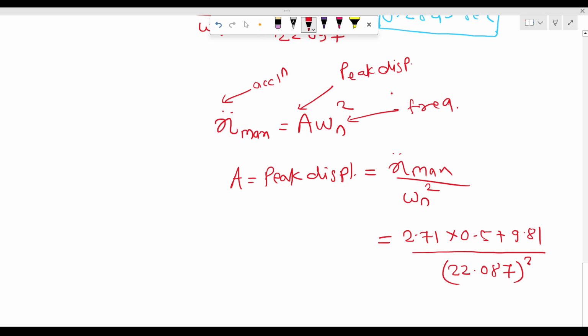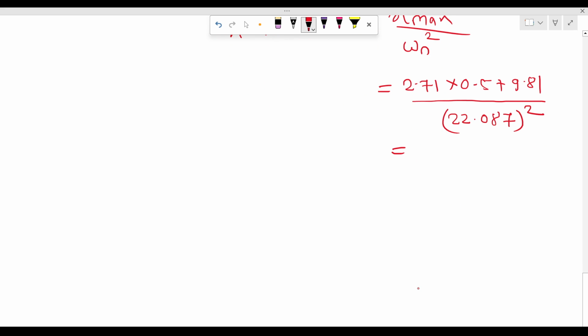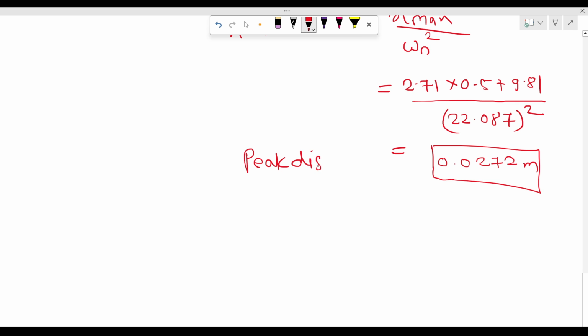Here it is square, right? So if you solve this, you will get the displacement 0.0272 meter. So that will be the peak displacement of the building if there is this type of acceleration going on.